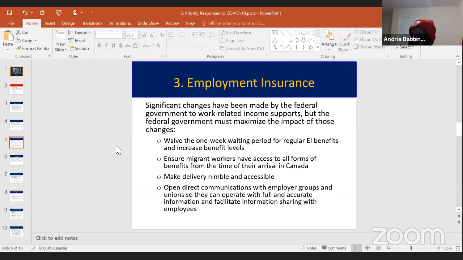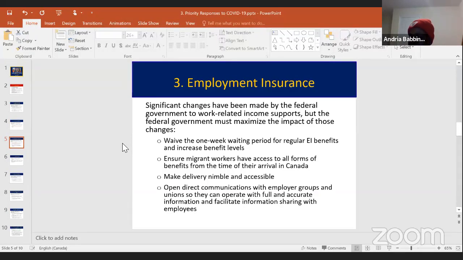Waive the 1-week waiting period for regular EI benefit, increase the benefit level from 55% to 60% of income, ensure migrant workers have access to all forms of benefit, and make all benefits, EI regular, EI sick, and the Canada Emergency Response Benefit, retroactive to the beginning of the crisis in Canada.